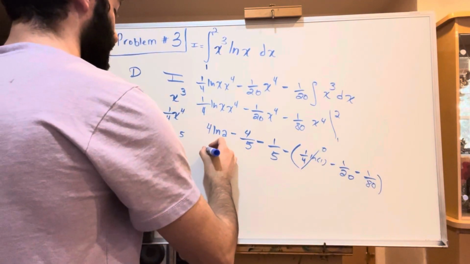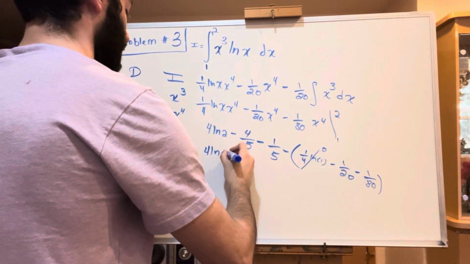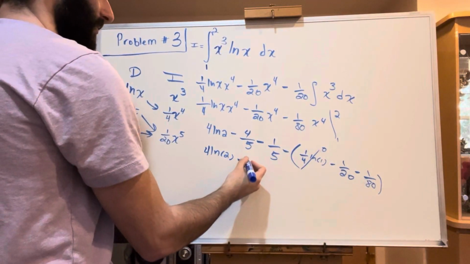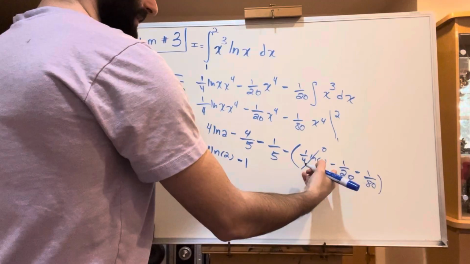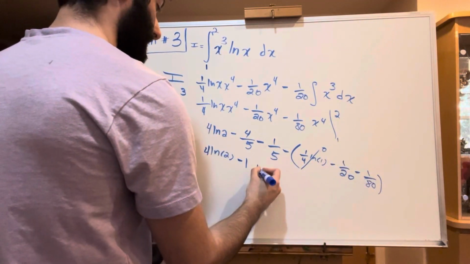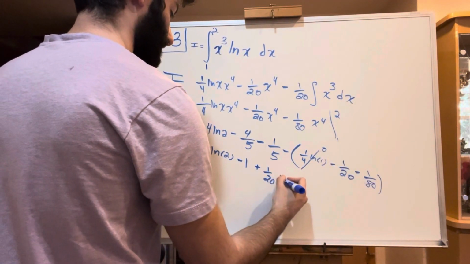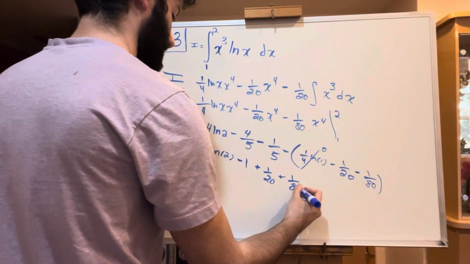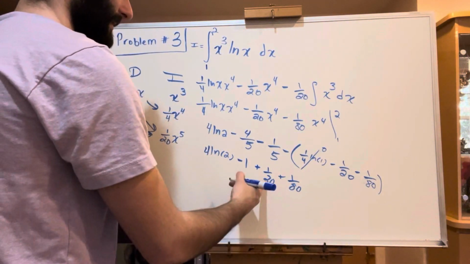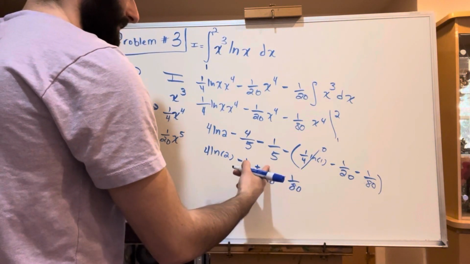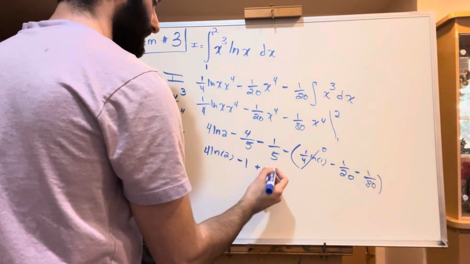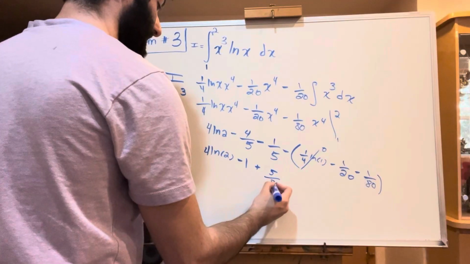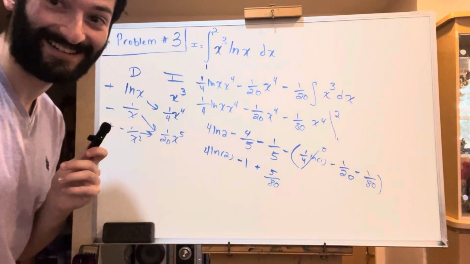Yep. So we get 4 ln 2. This becomes a minus 1. We get plus 1 over 20 plus 1 over 80. This is the same thing as 5 over 80. Simplify.